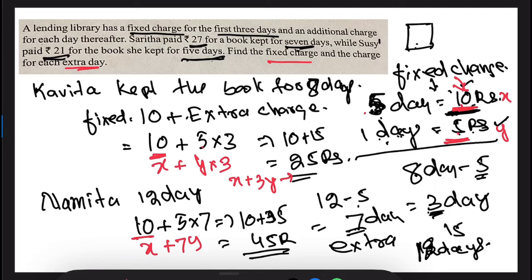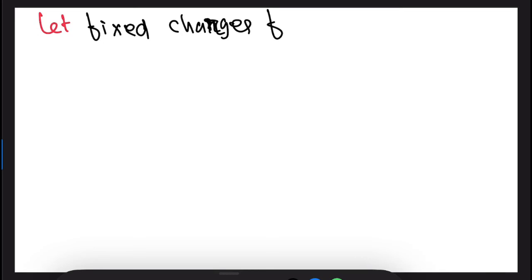Okay, let's start the question. How to solve, how to write, that I will do in this. So we should assume, let's write in black pen. Let fixed charges, this is R, fixed charges for how many days?